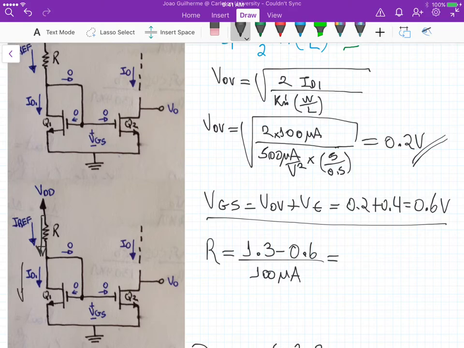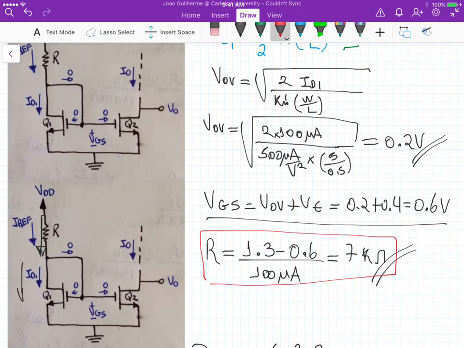And this gives us 7k ohms. Okay, so that's the answer for the first part. So basically if we set this R to be 7k ohms, we have a current I naught that is 100 microamperes.